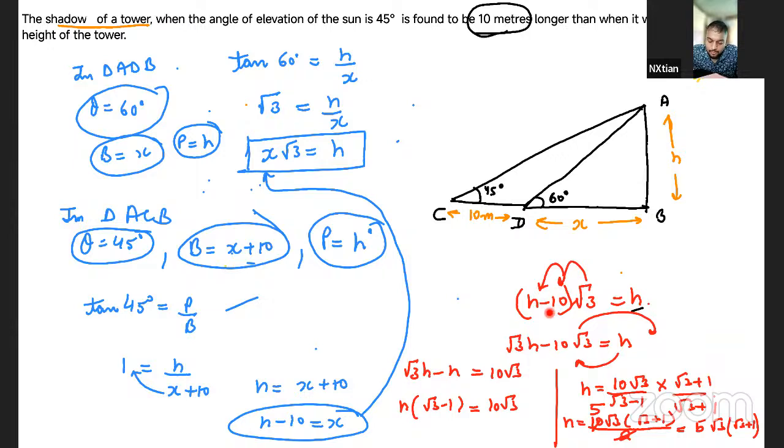Then I sent minus 10 root 3 to that side and the h to the left hand side, making root 3 h minus h is equal to 10 root 3. Then I took out h as common, remaining behind root 3 minus 1 is equal to 10 root 3. Then I sent this root 3 minus 1 to the other side of equals to, then I rationalized it and got the answer.